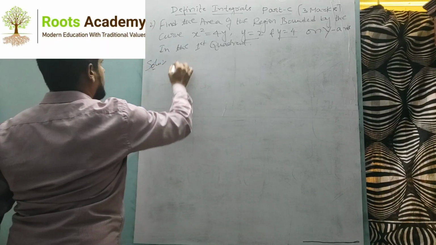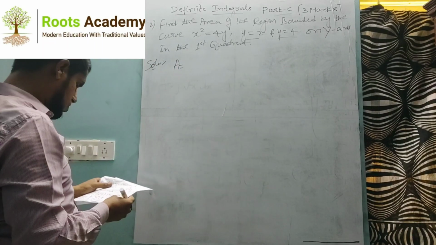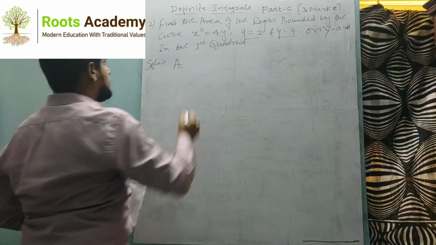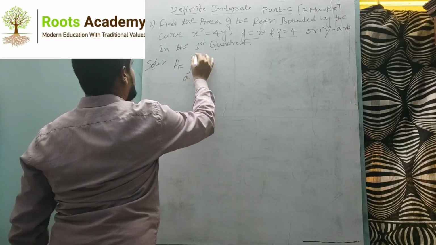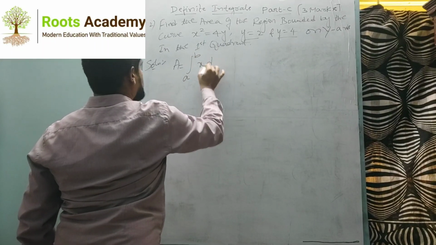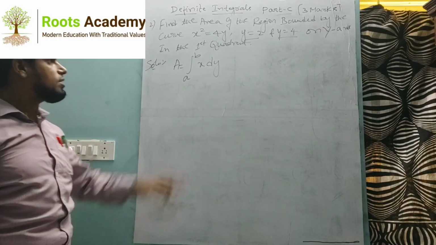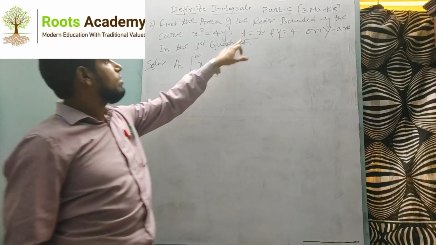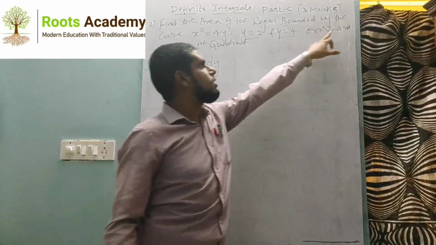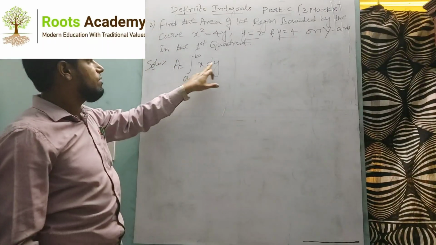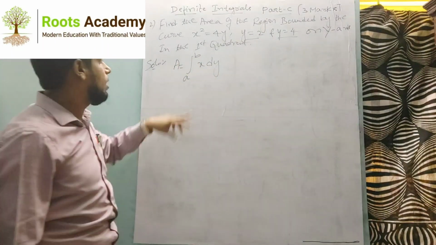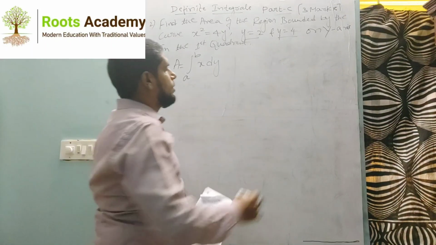Solution. Here A is equal to integral a to b x dy. This time the formula is x dy because limits are given in terms of y and it is on the y-axis. So it is with respect to dy. X with respect to y.